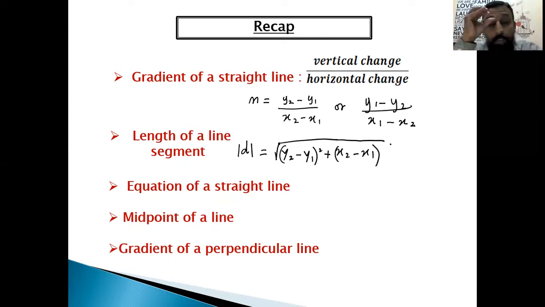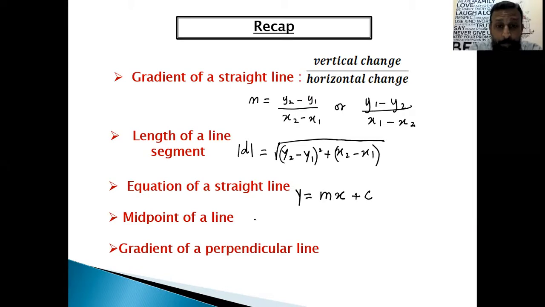Equation of a straight line: we find the equation of the straight line with the formula y equals mx plus c, where c is the y-intercept and m is the gradient.